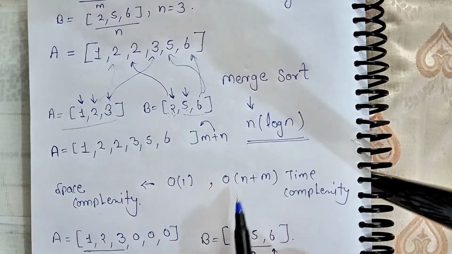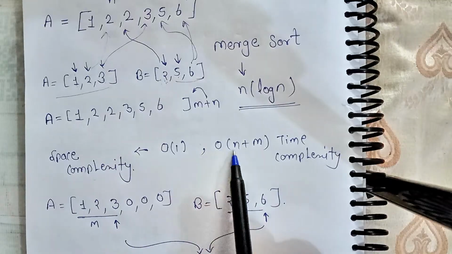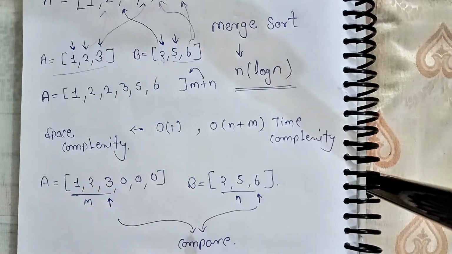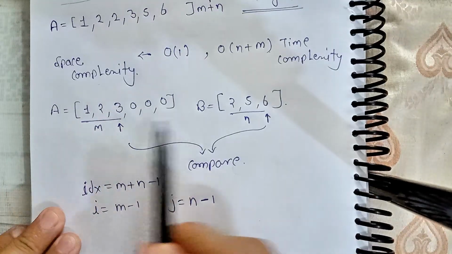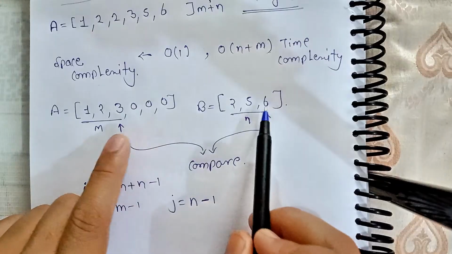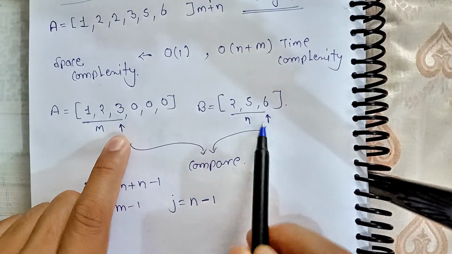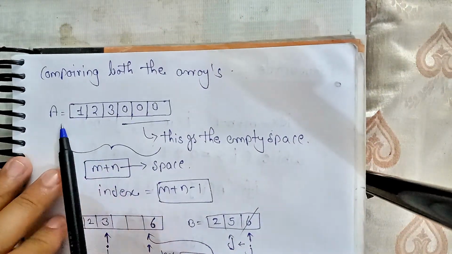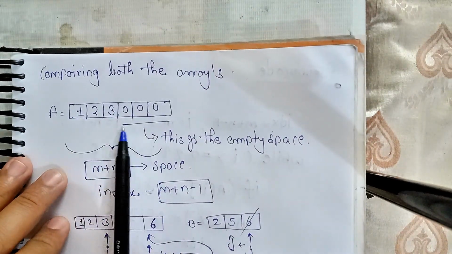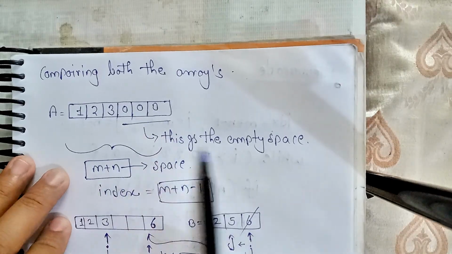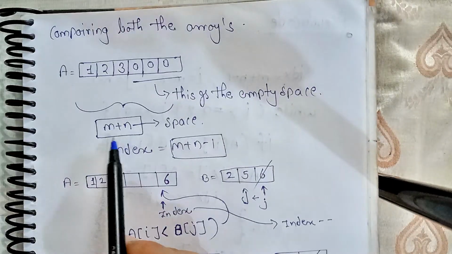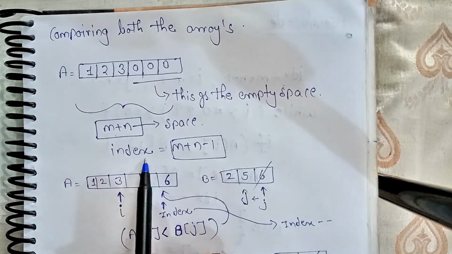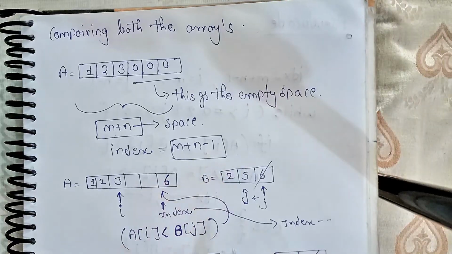The time complexity of this logic is O(n plus m), and the space complexity is O(1). But we have one more logic. Here we will start from the last index, comparing the last indexes of the arrays. This is array A, which has 3 empty spaces. So the total space we have here is m plus n, and the last index is m plus n minus 1.